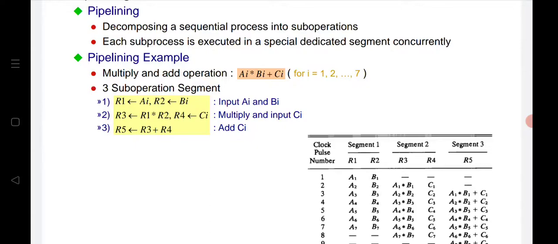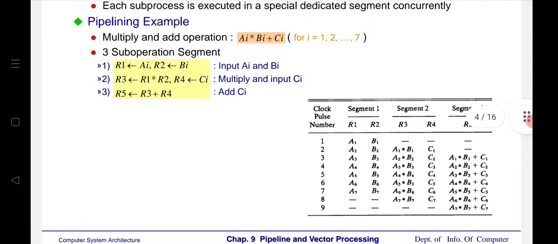Let us take the same example here. In the first clock pulse, what happens? I am moving the data A1 and B1. In the second clock pulse, I am moving the data A2 and B2 into the R1 and R2 registers. At the same time, my previous A1 and B1 data will be multiplied and the result will be stored in R3, and at the same time the C1 value will be stored in the R4 register.